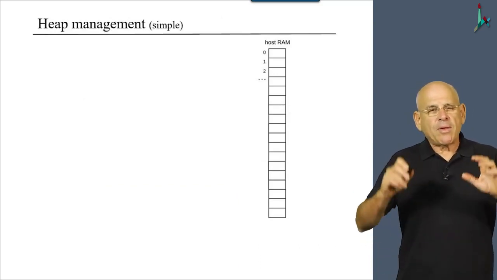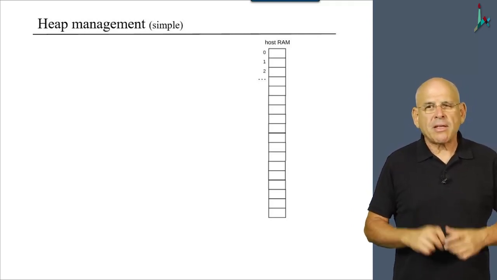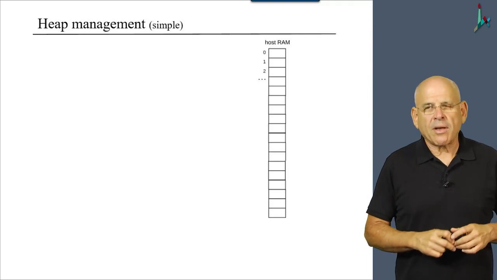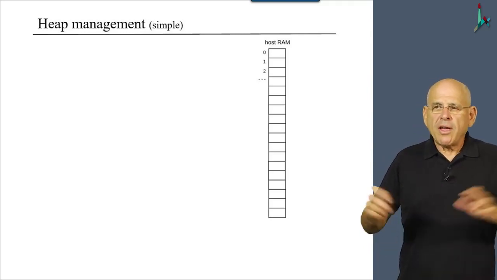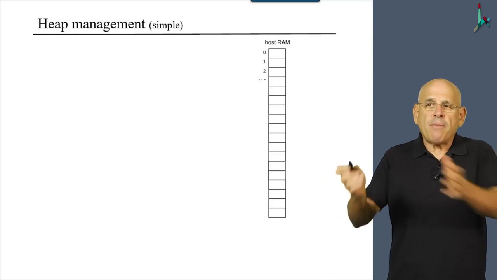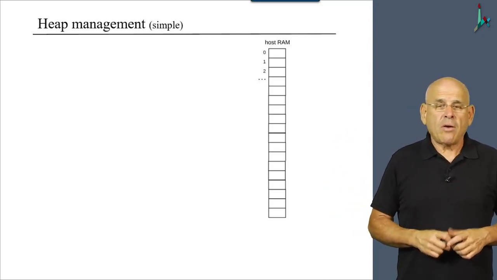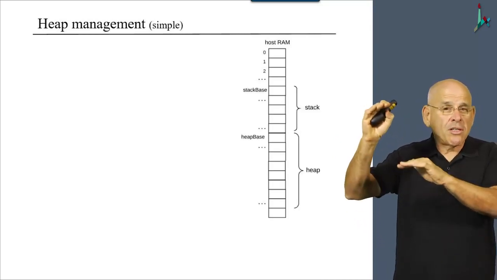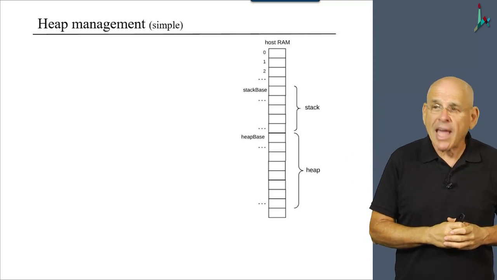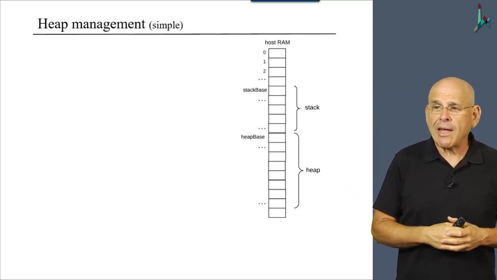So let me begin with a simple approach or a simple solution to heap management, and later on we'll present a more sophisticated approach. So it all begins with the bare-bone RAM, and as you know, at some point we're going to create some logical space on this RAM which we call stack, another logical address space that we call a heap.